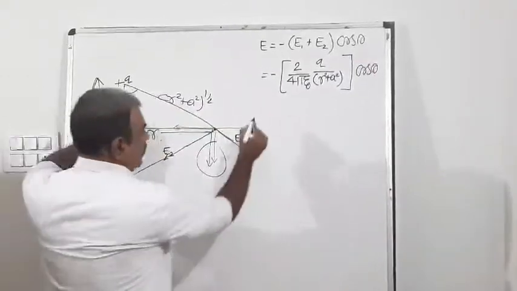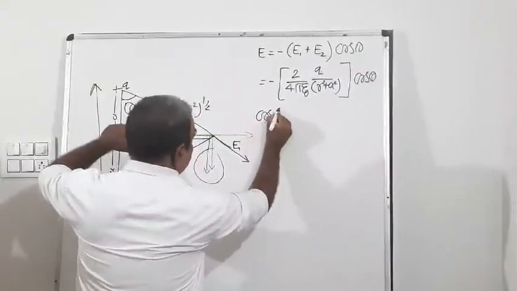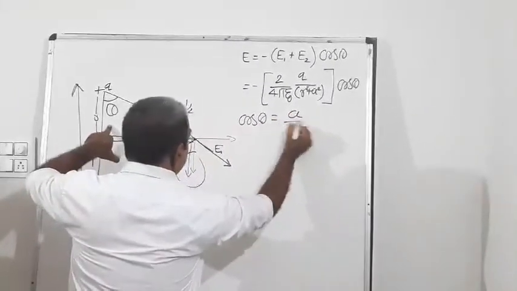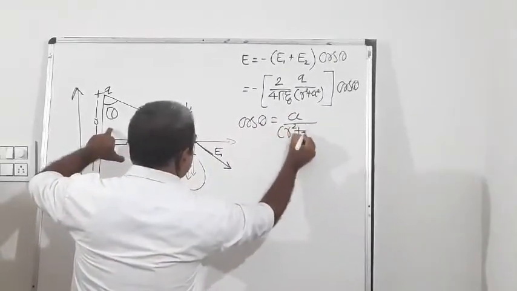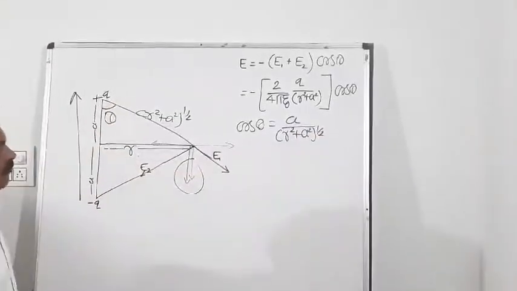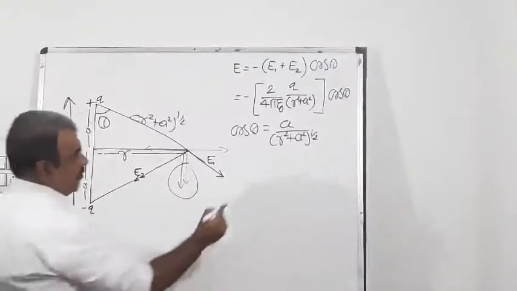Now from this figure, can I take cos theta equal to a upon r square plus a square raised to power half, adjacent by hypotenuse? So what will be my field now?